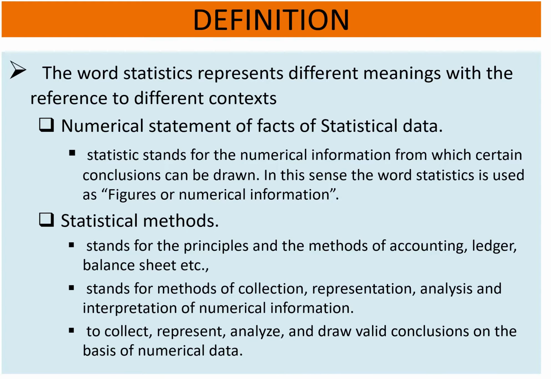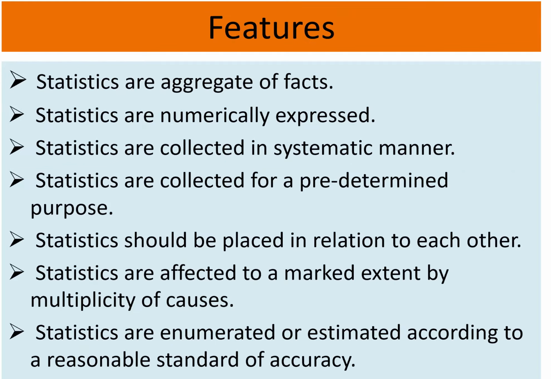Next, what are the features of statistics? Statistics are an aggregate of facts. Why do we say aggregate of facts? Statistics is not a single thing; it is a group of facts. For example, the age of a person in years is not statistics.